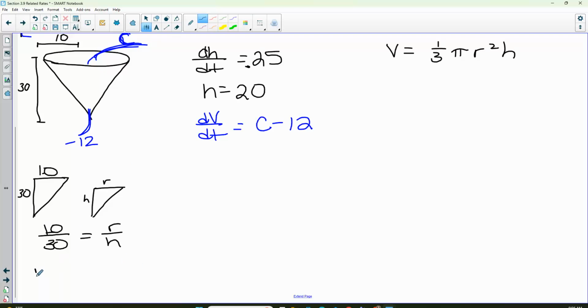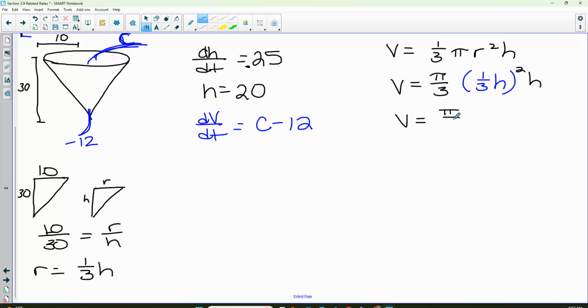So I'm solving for r, so r is 1/3 h. So 1/3 times pi is pi over 3. I'm replacing r with 1/3 h. We get pi over 27 h cubed.